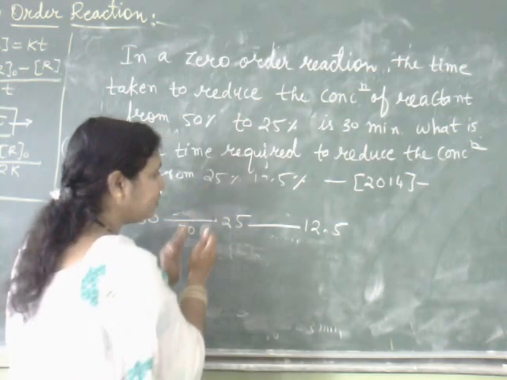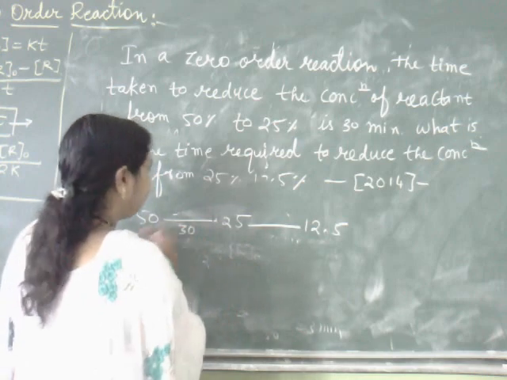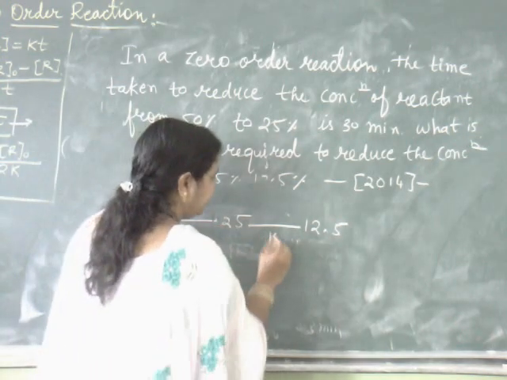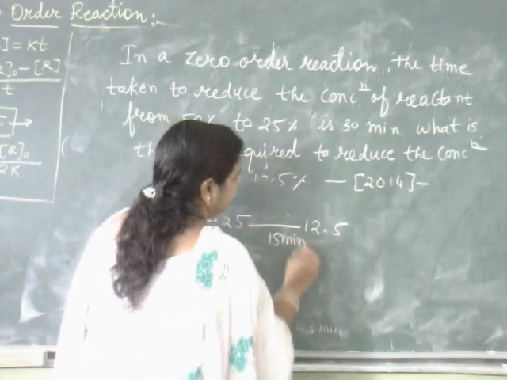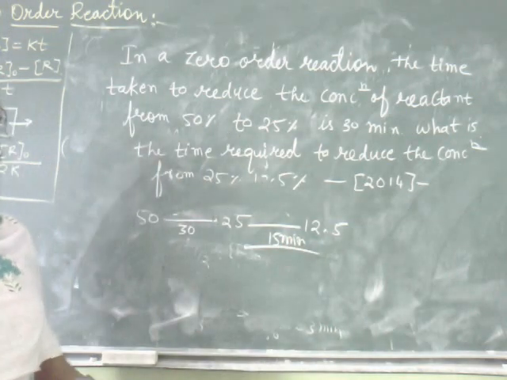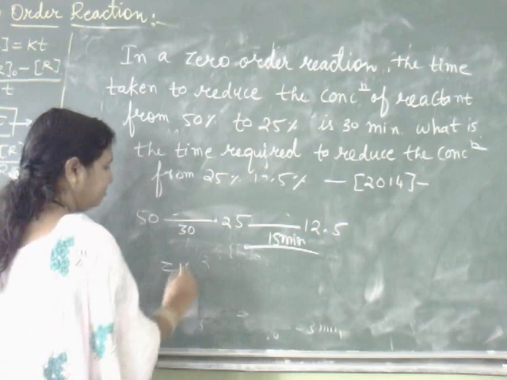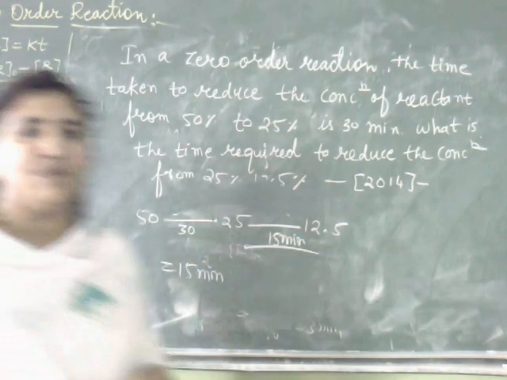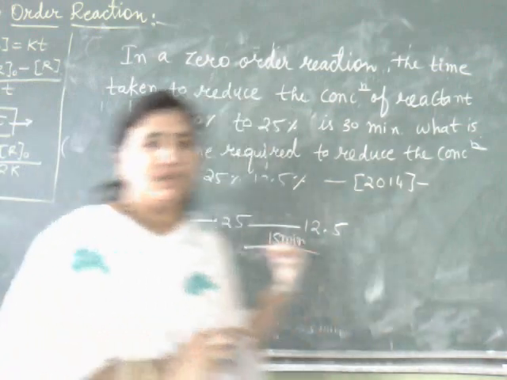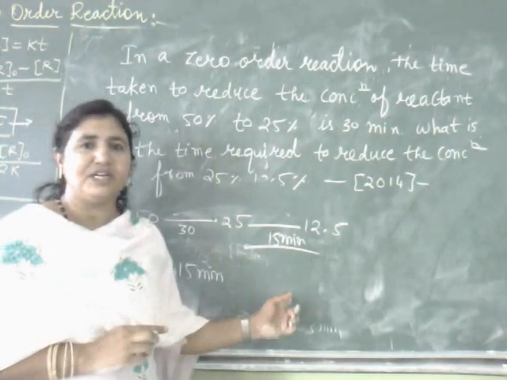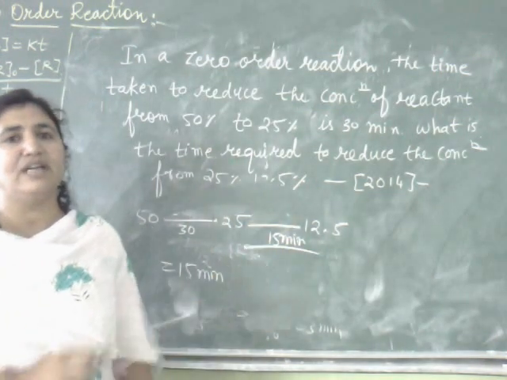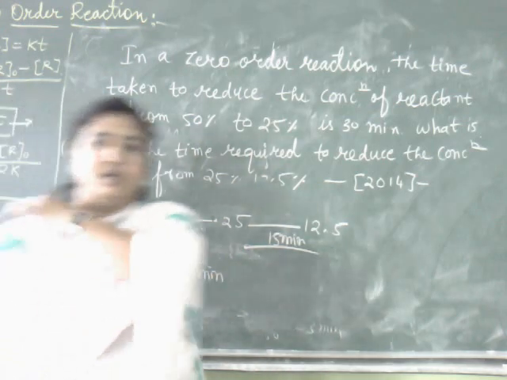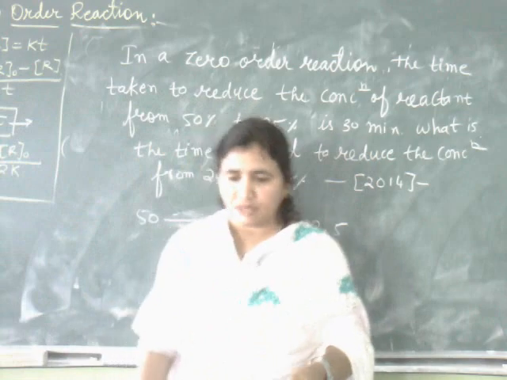How much? Half only. So 50 to 25 is 30 minutes, and 25 to 12.5 is 15 minutes only. So your answer will be 15 minutes. So two tricks you can use, either for half life or this one. Or if you are not understanding the tricks, just put the values into the formula and solve the problems. So these are zero order reaction problems.